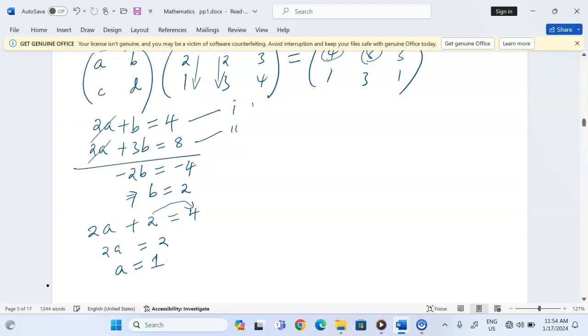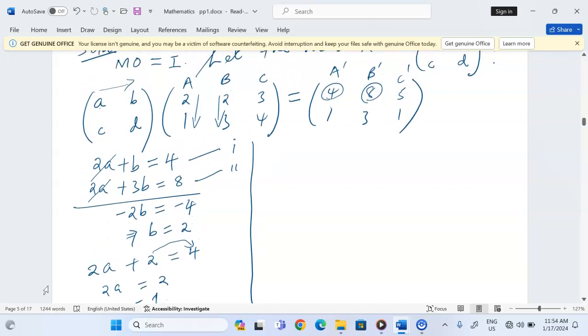Next, we can form other equations in C and D. When this row is multiplied by the first column, we get the element on the lower side here. Therefore, 2 by C and 1 by D, that is 2C plus D, should give us 1. The same row times the second column should give us the next element here.